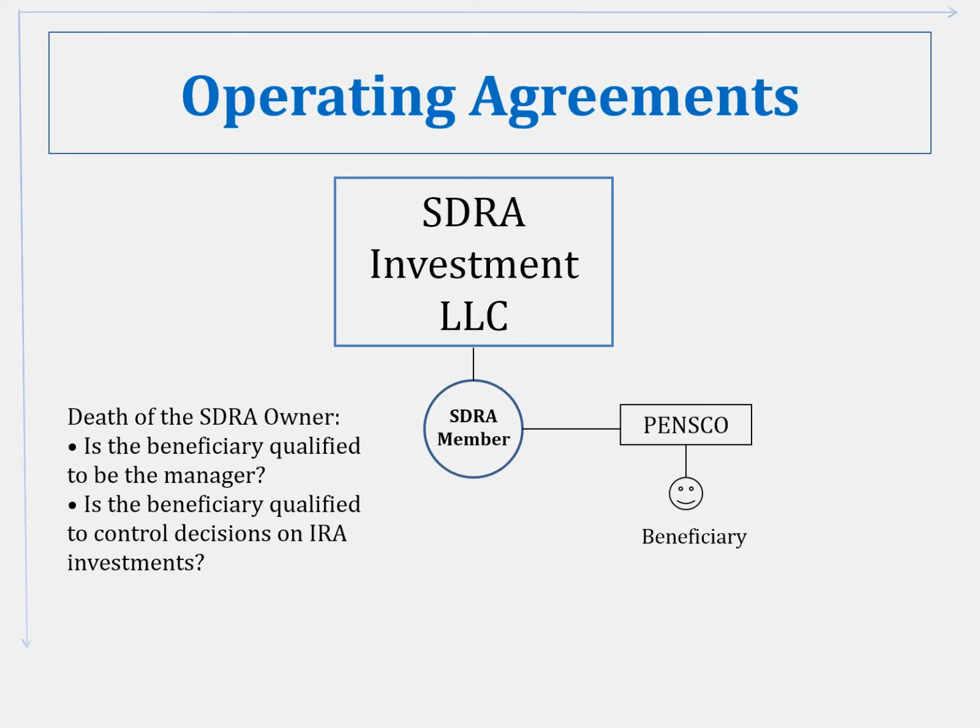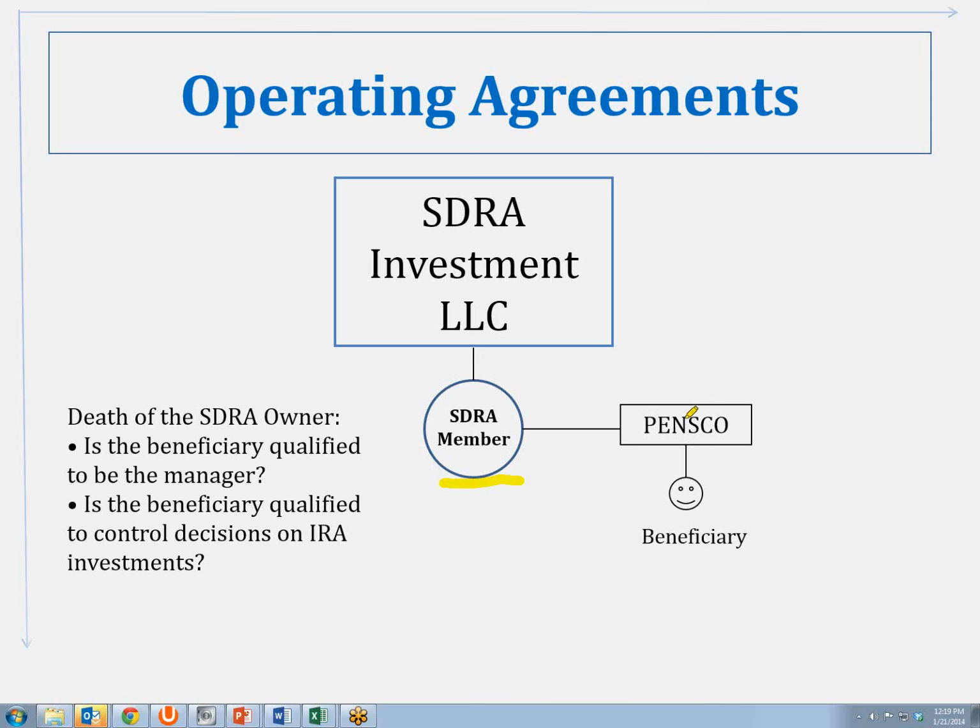And so now you can see the picture here. We've got the LLC. The IRA owner here is right here. See if I can get my drawing tool to work for me. Here's the IRA. The self-directed retirement account is now the member of the LLC, but the original owner no longer directs it.